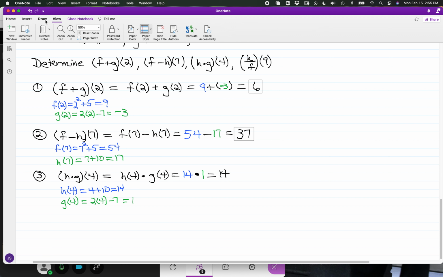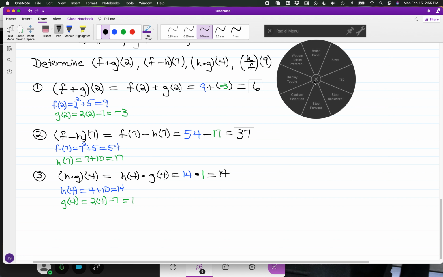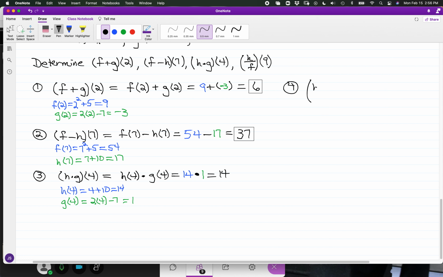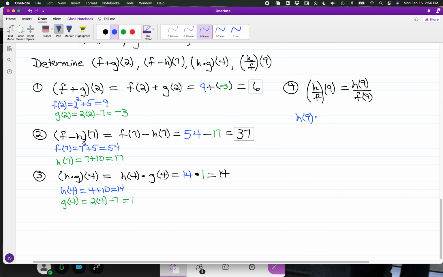And for h over f of 9, this will become h of 9 over f of 9. For h of 9, we have 9 plus 10, which will be 19.